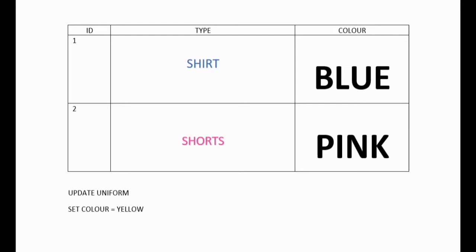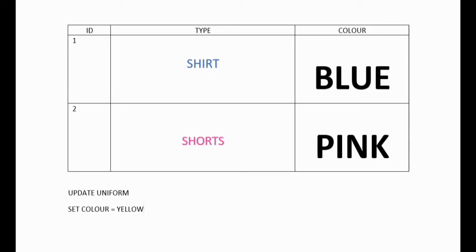Okay, yellow. Now SQL will ask again, are you changing the color for both shirts and shorts, or for shorts only, or for shirts only? Okay, in our case we are changing the shirt color to yellow.